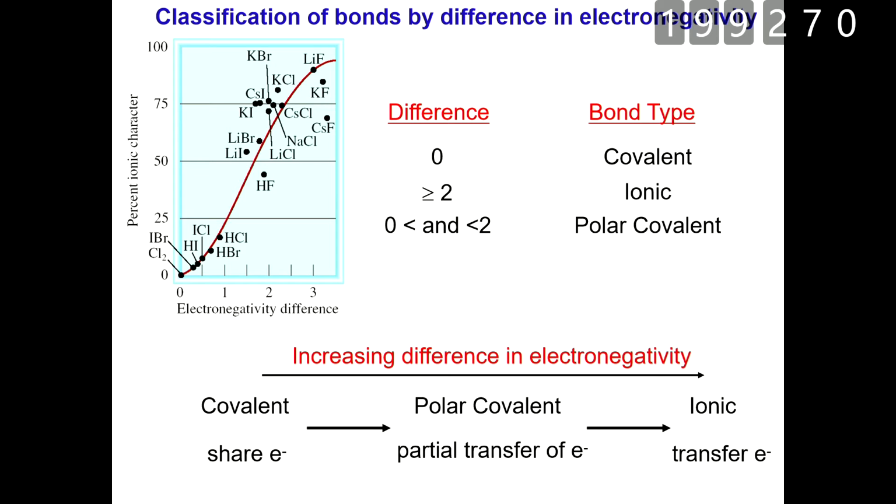This means the electron will be moved from the metal to the non-metal to form the ionic bond, and this kind of compound is called an ionic compound.